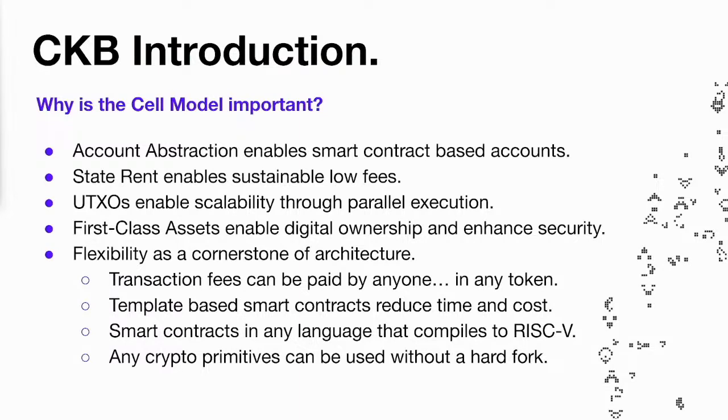The interoperability can't happen. So Nervos is the only blockchain out there that you will find right now that supports every single encryption out there. All you need to do is come in with a library, and you can use it in your smart contract. That means that Nervos is able to connect to any other blockchain out there, and I don't think you will find any other blockchain that can claim to do the same thing.